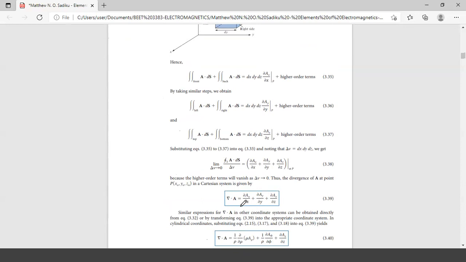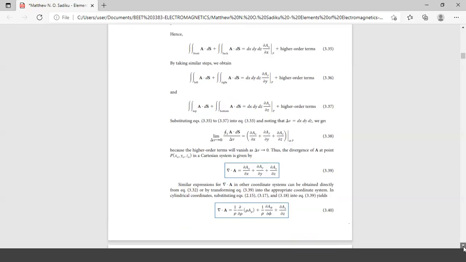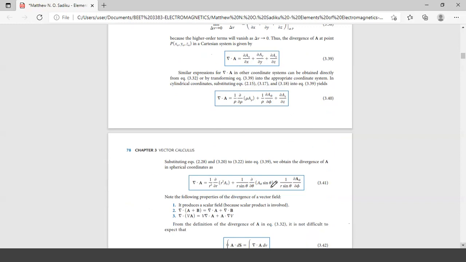So in Cartesian, divergence of A equals del over del x of the x component, plus del over del y of the y component, plus del over del z of the z component. It is the same with cylindrical coordinates, and also spherical coordinates. But the following properties of divergence of a vector field: it produces a scalar field.